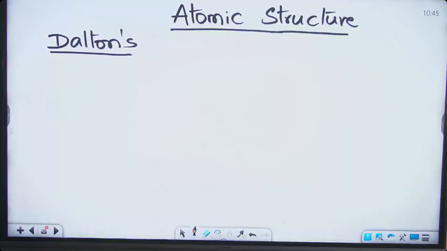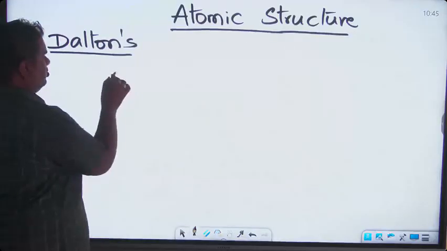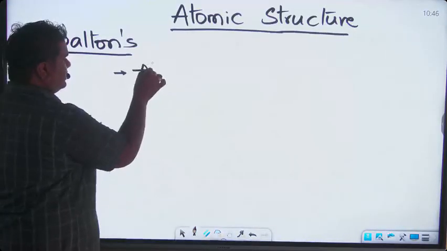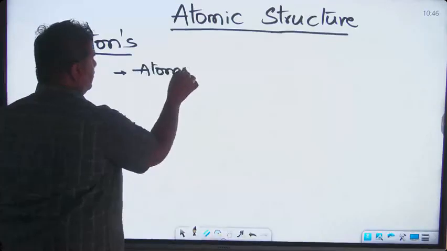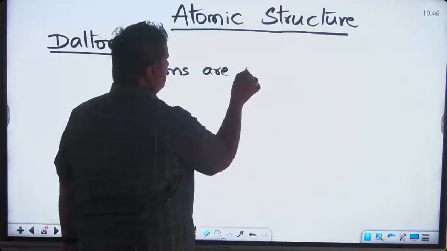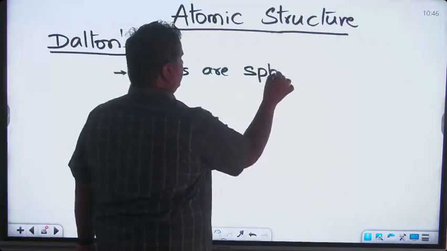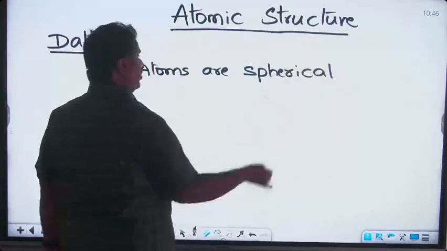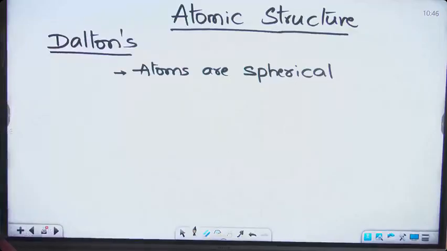Then what did he propose? According to John Dalton, atoms are spherical in shape. This is one common thing which you find in each and every scientist's observation. Atoms are always spherical in shape, he says.